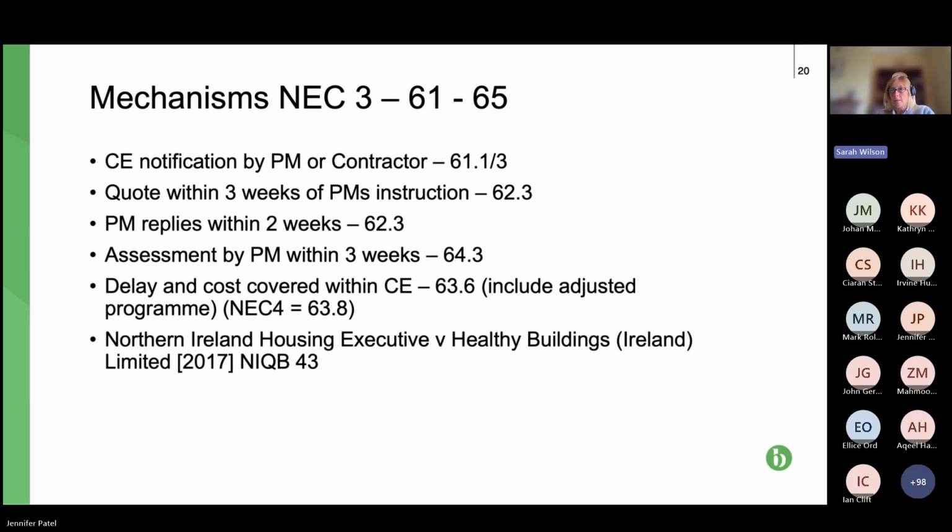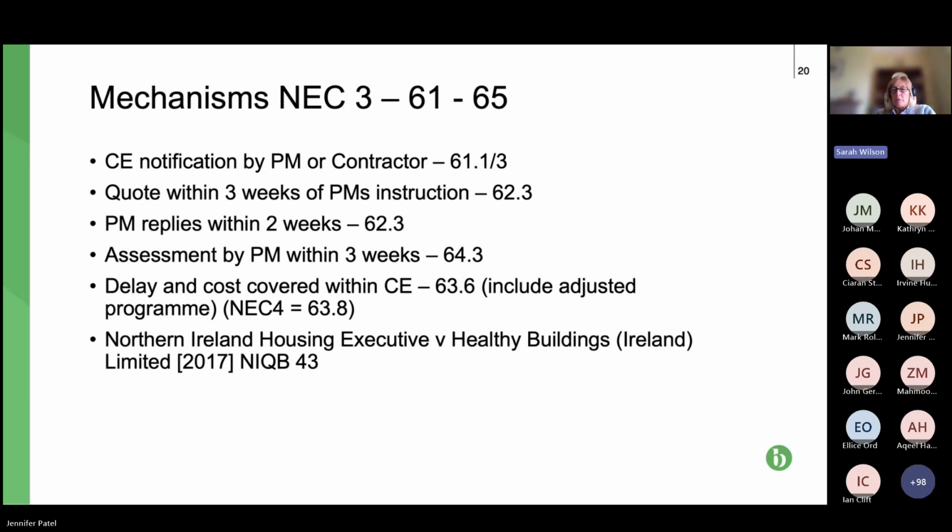But of course, we also have the Northern Ireland case, which basically said that by the time disputes get to court or get to adjudication, we've probably finished the project. So we actually know in reality how much delay has been caused. We don't need to rely on the forecasts provided through the project. So the court, the adjudicator, can look at the actual delay, so that's usually retrospectively, rather than the prospective forecast of delay.